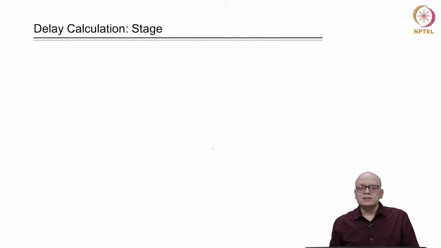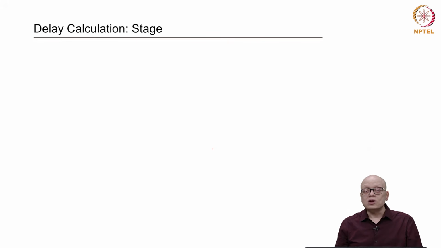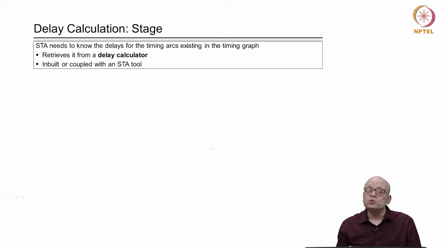Now, once the timing graph has been built for our circuit, the next stage is that we need to compute the delay at each edge in the timing graph. Now, how does the tool compute the delay for the timing arcs in a timing graph?